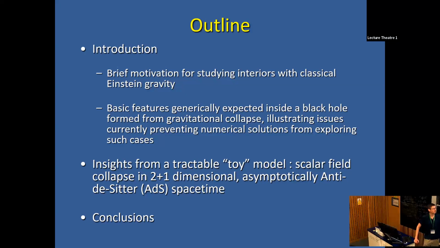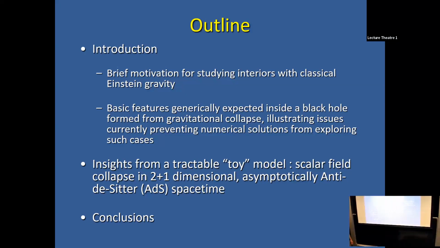What would be nice is, for example, to get some insight into what might happen in the interior of a black hole formed from gravitational collapse by solving the equations numerically and seeing what happens. From those particular case studies, we can gain insight into what might be generic properties of the interior.